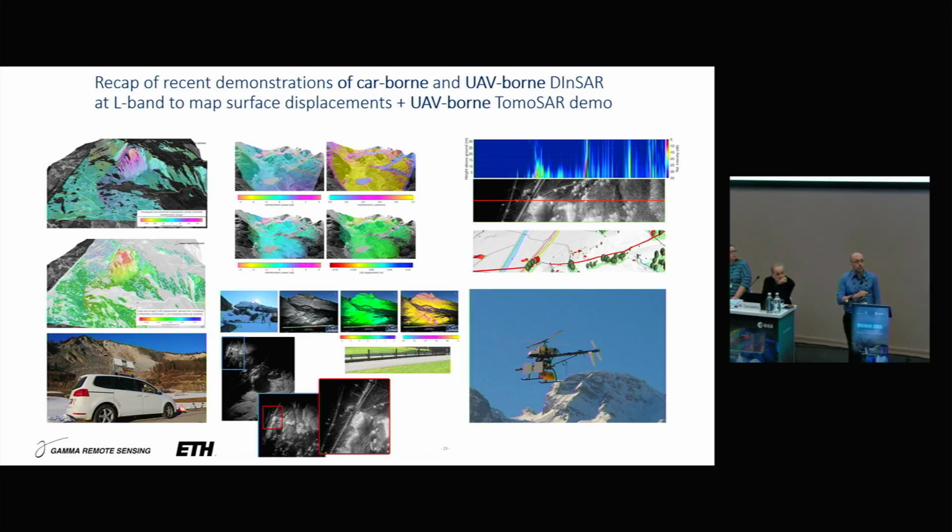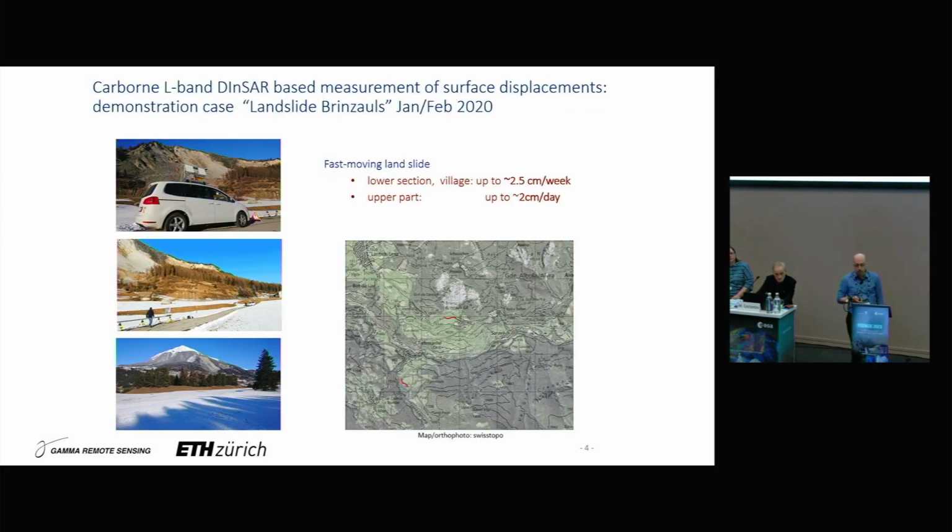This includes surface displacements, a landslide in Switzerland, glacier movements. We also did some tomographic tests with some opportunity baselines that we got with the drone-based acquisitions, which I'm not showing here. So this was already shown previously. I just keep this one here for showing you, those who haven't seen that yet, how this system works.